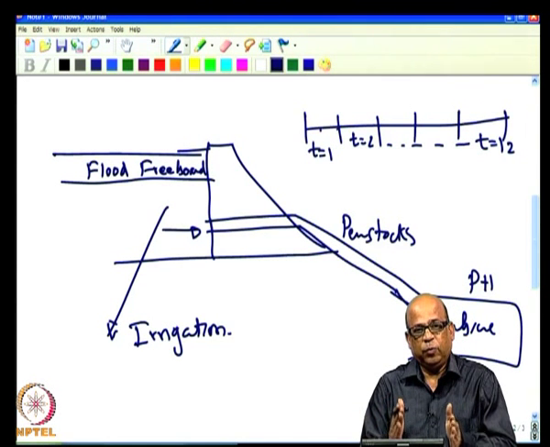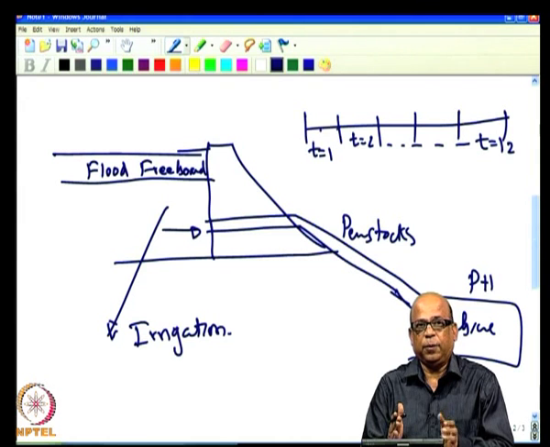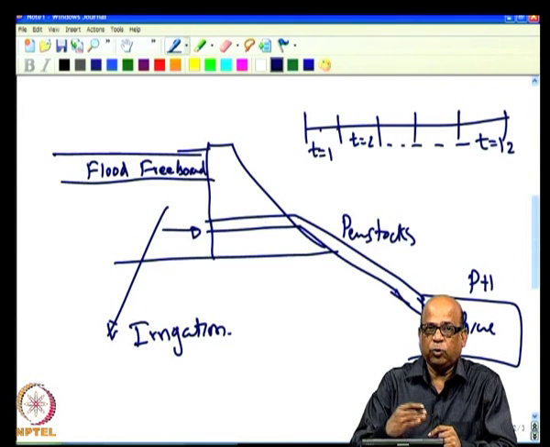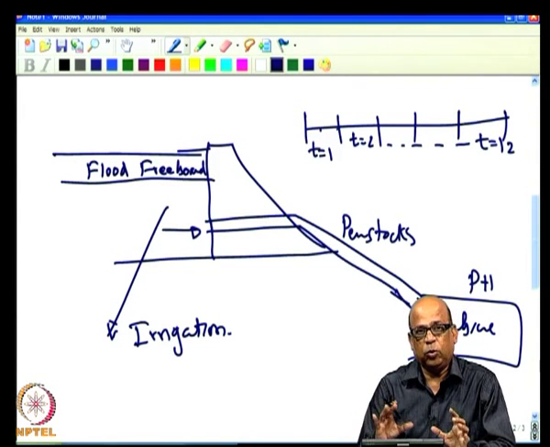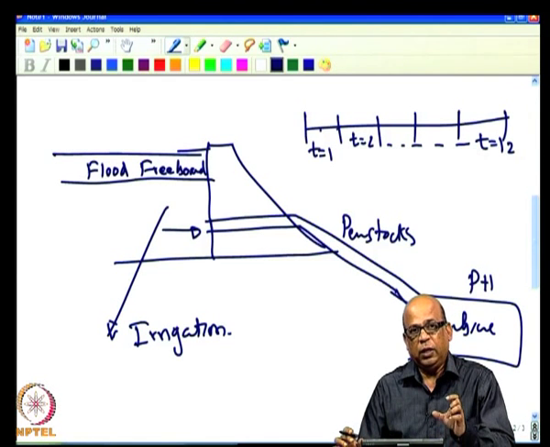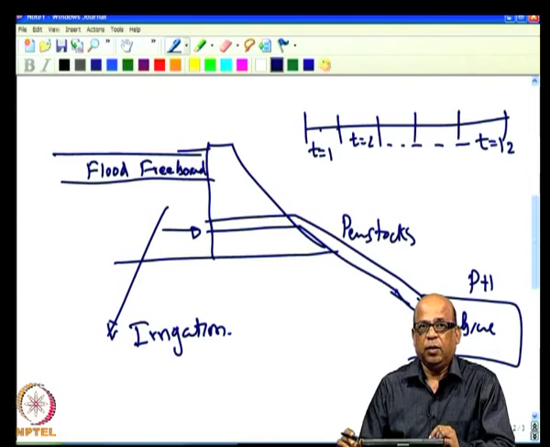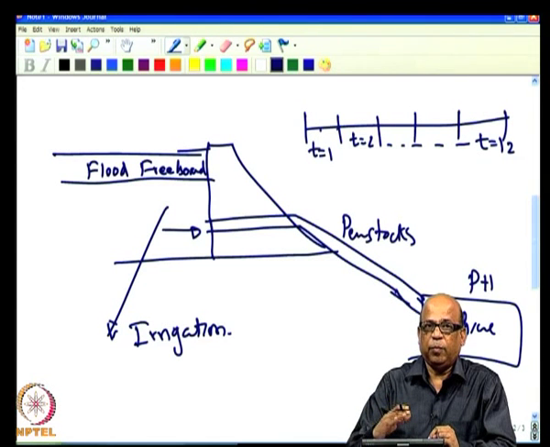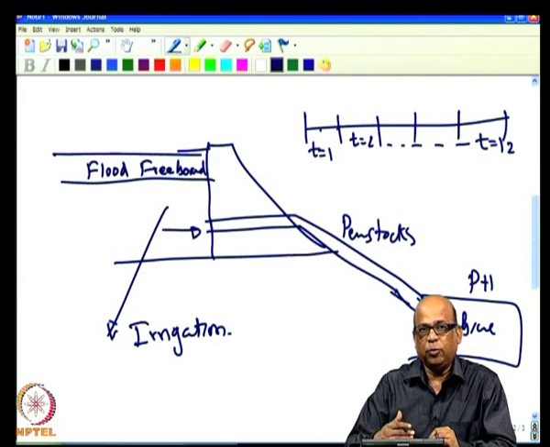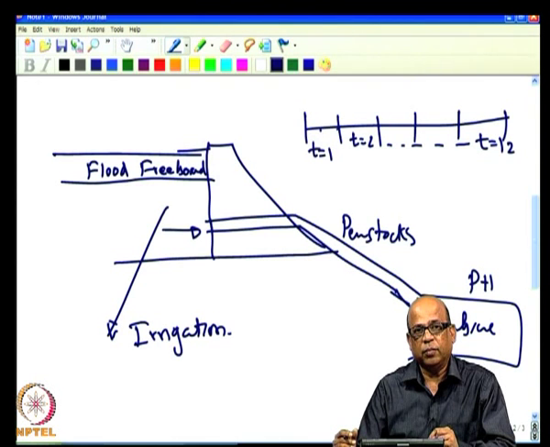So, one is we specify the reservoir operating policy, another is the actual real time operations. So, distinguish these two. One is defining a reservoir operating policy, which you will maintain, to the best extent possible, as you go from time period to time period.